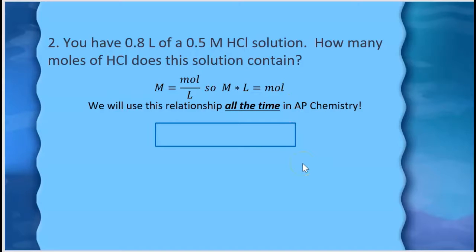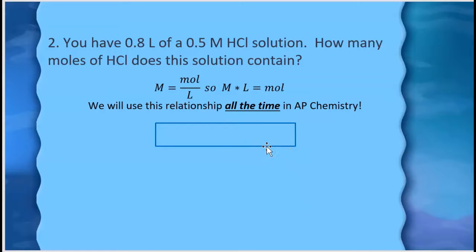And in fact, this is a relationship that we use all the time in AP chemistry and all the time as chemists, because so much of the time we do reactions in solution so that the molecules can be moving around and able to collide and react. So molarity times volume is equal to moles.